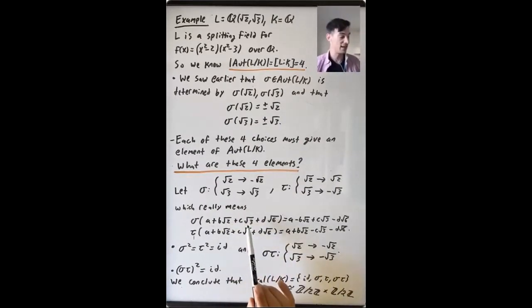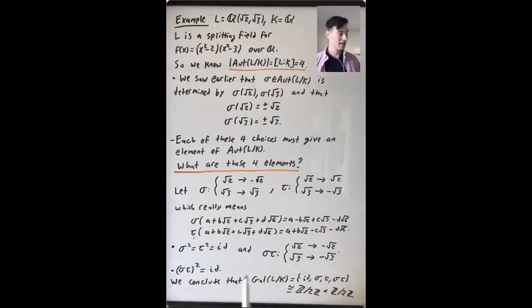It fixes c, it fixes square root of 3, and it fixes d, but it sends square root of 6 to negative square root of 6. So this element gets sent to a minus b root 2 plus c root 3 minus d root 6. What does tau do? It sends a plus b root 2 plus c root 3 plus d root 6 to a plus b root 2 minus c root 3 minus d root 6.